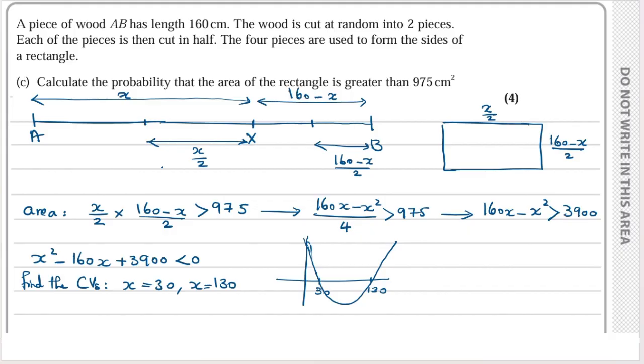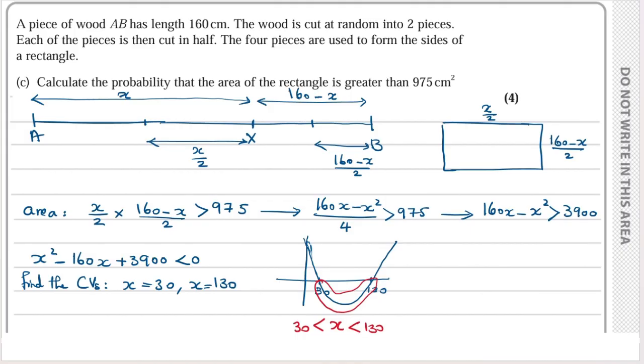We want it to be less than 0, so that means that we look at the part of the graph below the x-axis. So that means that x has to be between 30 and 130.